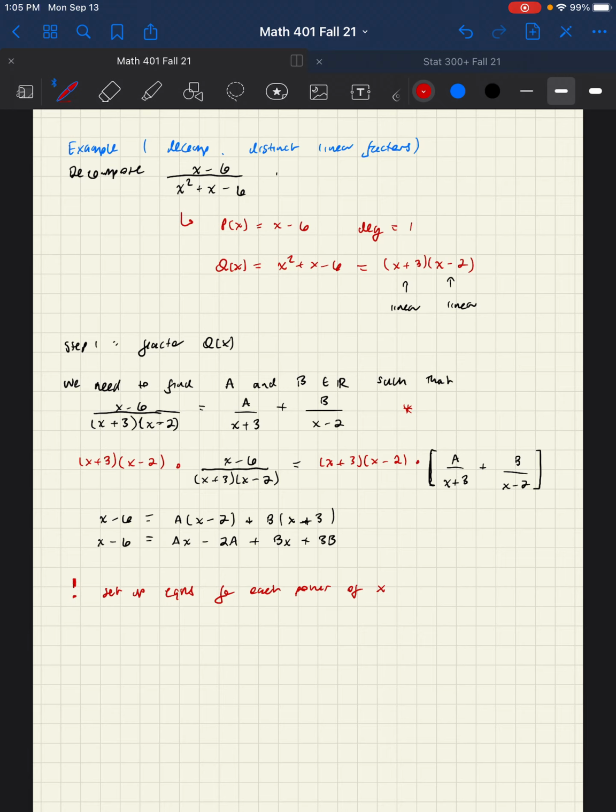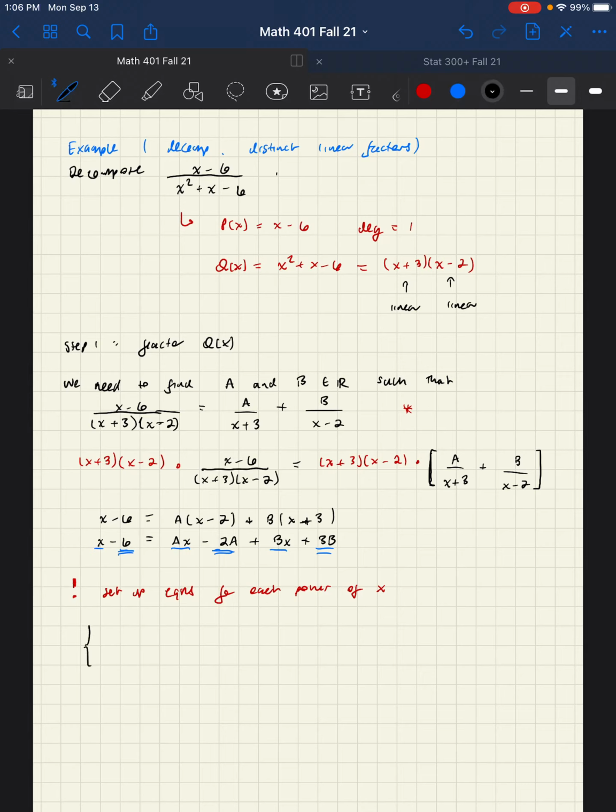What we mean by that is on both sides here, right? So we have x terms here, Ax and Bx on the right side and x on the left side. And we have constant terms, so like the -6, the -2A, and the 3B. I'm going to highlight those differently, actually, so that we see here. The ones that I underlined once are going to go into their own separate equation, and the ones that I highlighted twice are the ones going into their own separate equation.